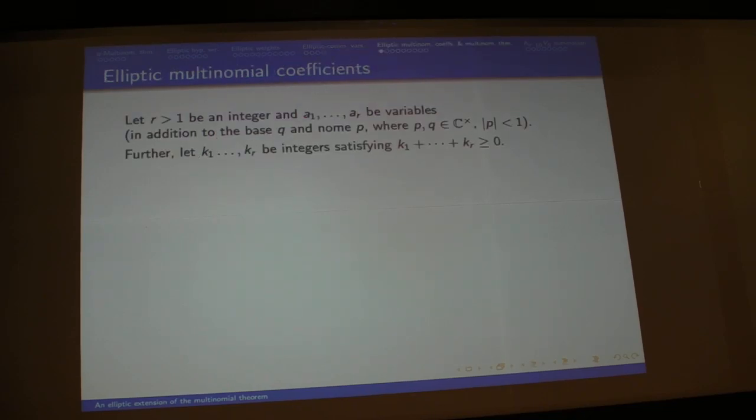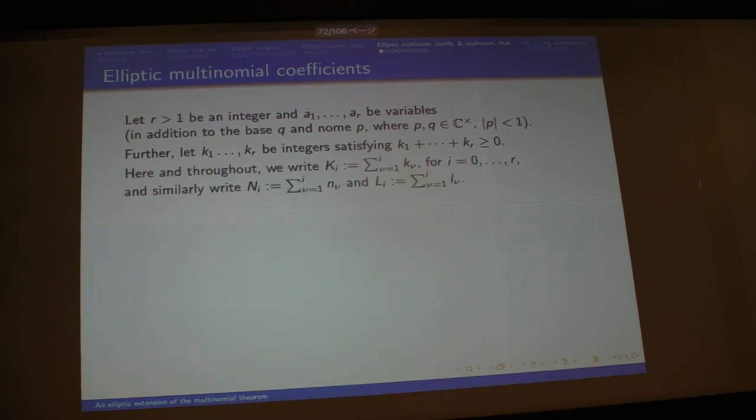Okay, now multinomial coefficients. Now we have not just a and b, we have a_1 to a_r. We still keep the base q and the norm p. We want k_1 to k_r to be integers, whose sum is greater or equal to 0.